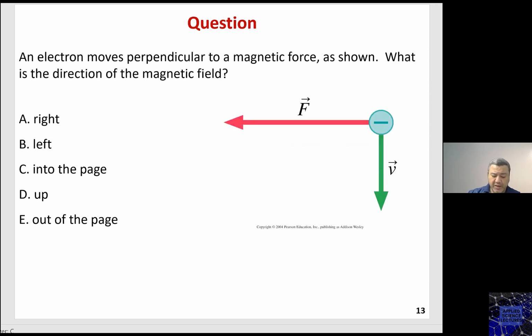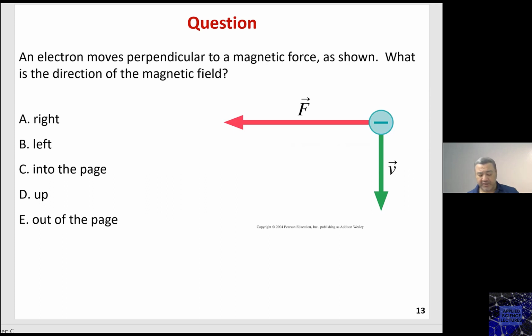So, question: an electron moves perpendicular to a magnetic force as shown. What is the direction of the magnetic field? We have here a negative charge, so we can use the left hand rule. You just need to point your index toward the velocity, which in this case is pointing downward, and then point your thumb toward the force.